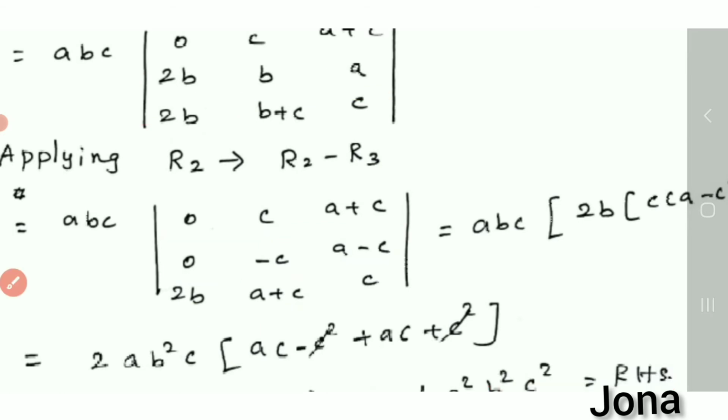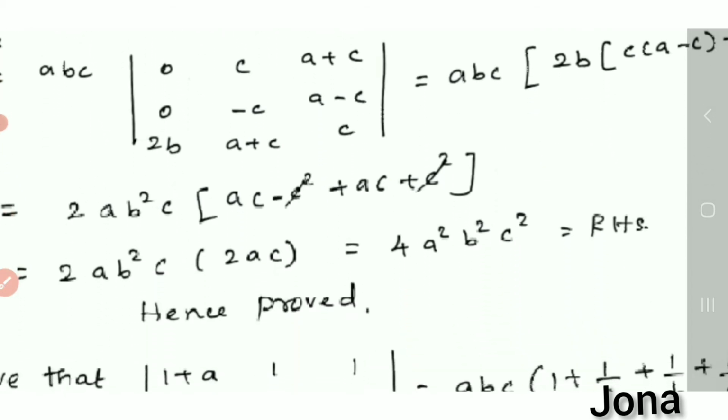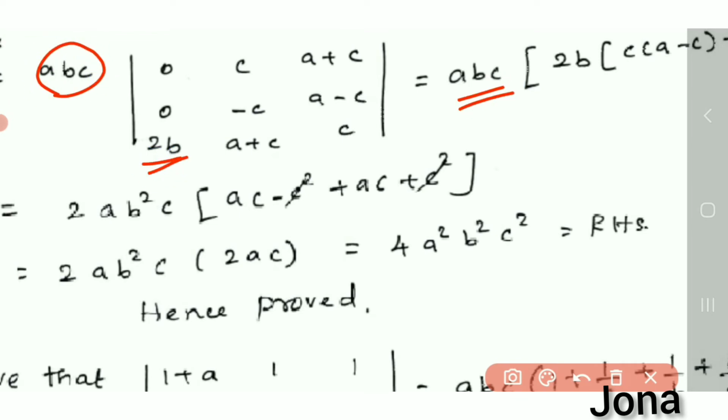And then we want to take the determinant value along this C1. So we had abc already there. So keep this as it is. And then 2b into, we can leave this column and row, so we have to cross multiply these two. That is the determinant value. So c into a minus c, minus of, already we had one minus there, so it will become plus.